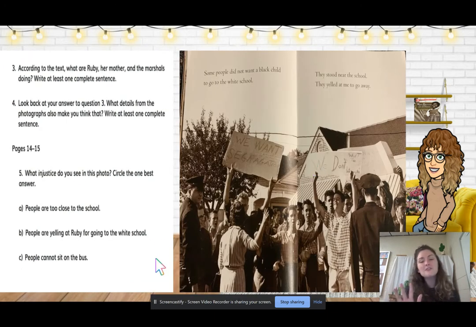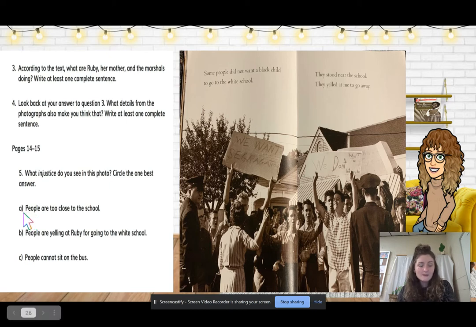All right, number 5. So we are going to be looking at this page of the text. Number 5 says, what injustice do you see in this photo? Circle the one best answer. So looking at the photograph, think about what injustice is in this photograph.